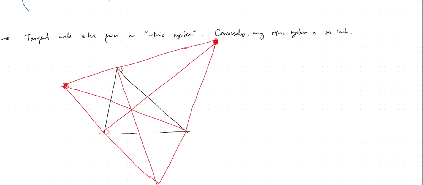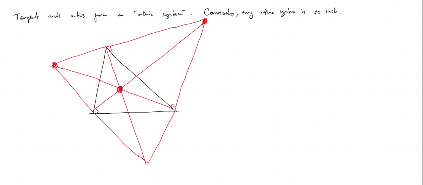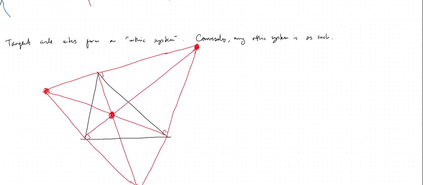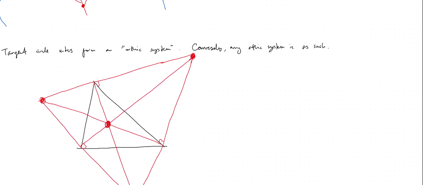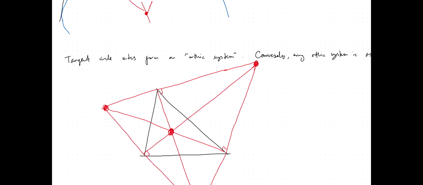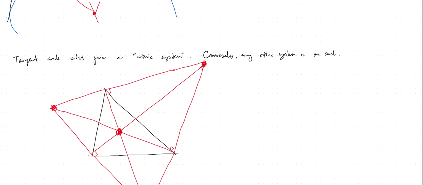This is an orthic system. So what do we want to do with this orthic system? For example, what do I mean by conversely any orthic system is such? What do I mean by this statement? Do you understand this? What does this statement mean?